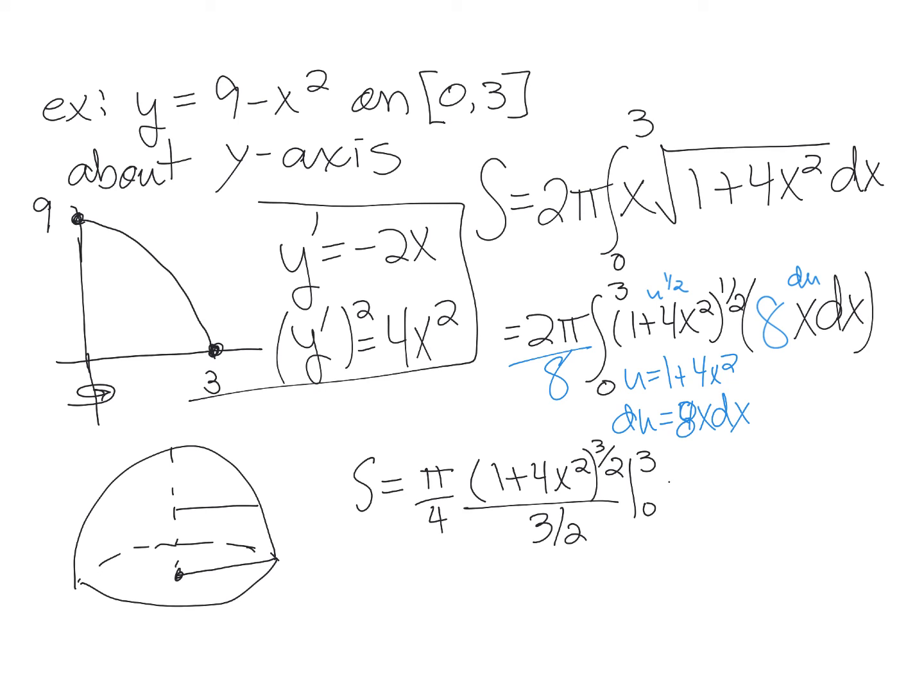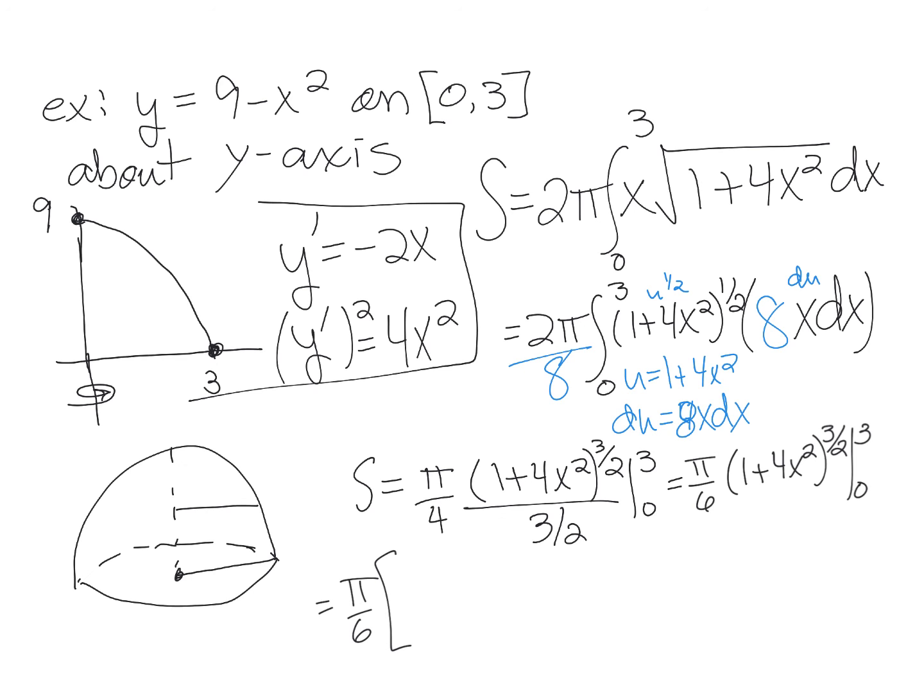Let's make this a little bit neater. The 2 in the denominator is going to flip up to the numerator up here. That's going to cancel and leave me with a 2 here. 2 times 3 is going to give me a 6. So on the outside I have pi over 6, and then I just have 1 plus 4x squared to the 3/2 power from 0 to 3. So let's do this. Pi over 6 on the outside.